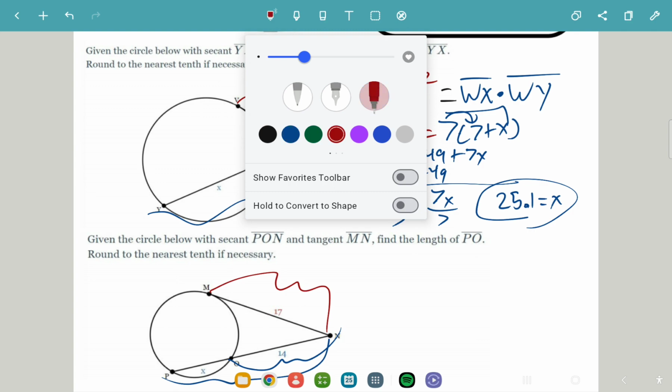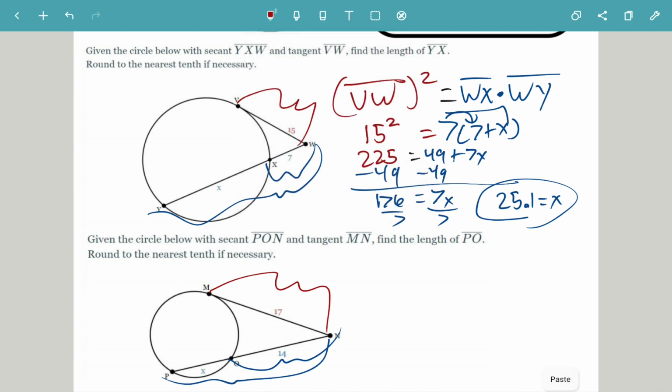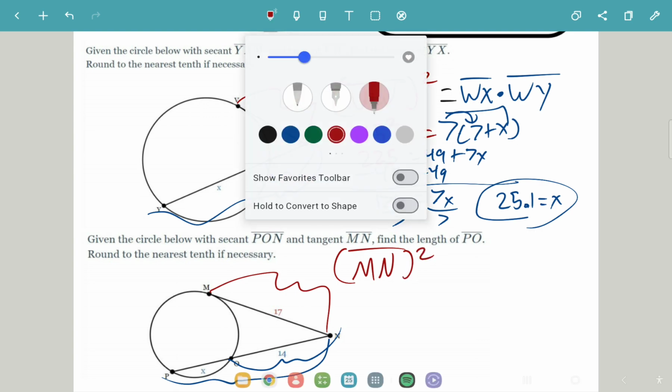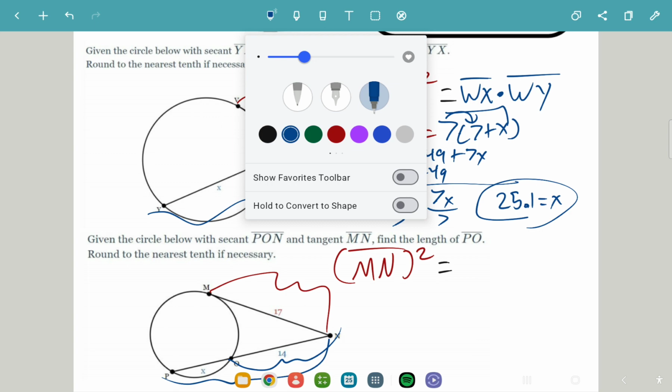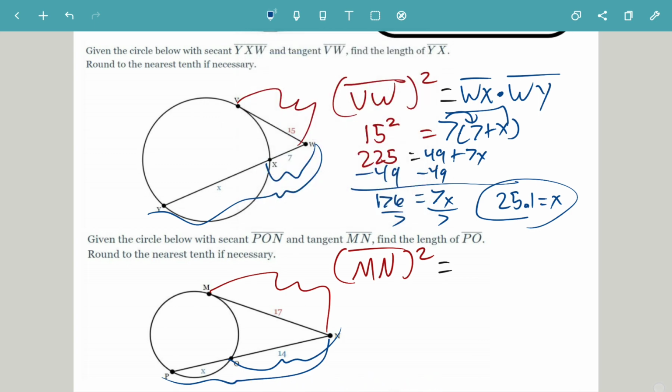So we're going to do the same thing. We have MN squared equals ON times PN.